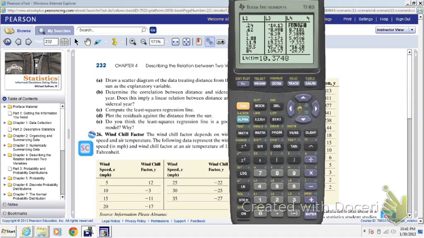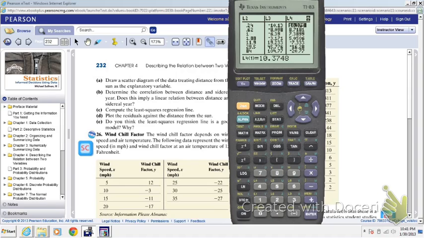Now, final frontier. We want the residual plot. Remember, if there's no discernible pattern on the residual plot, the linear model is a good idea. If there is a discernible pattern on the residual plot, the linear model is not a good idea, and there's a better model out there. Okay? So now remember, residual plot is your x variable against your residuals.